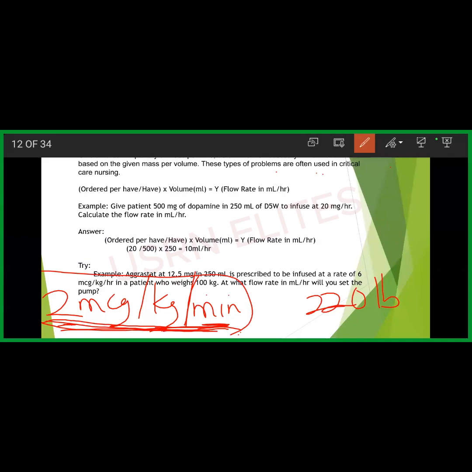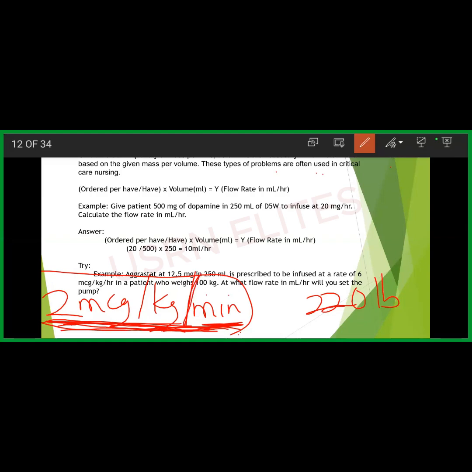So for every minute, this should go, then what do you think will go in 1 hour? Will you multiply by 60 or divide by 60? You multiply by 60. If you understand it in that sense, you will not get any problem with the conversion. So when you get a prescription like this, that's what it means.